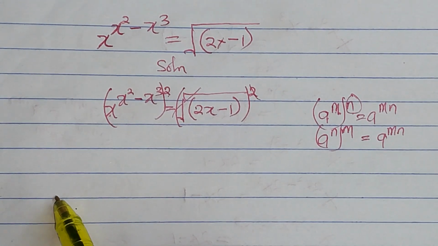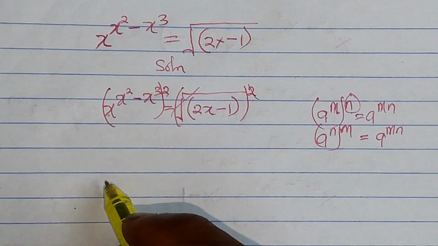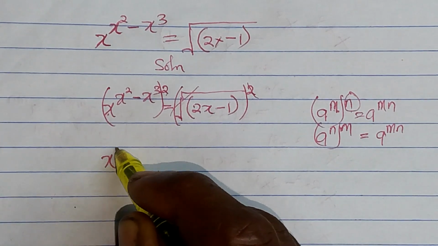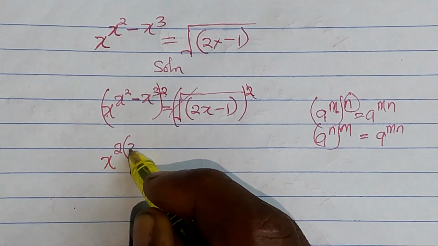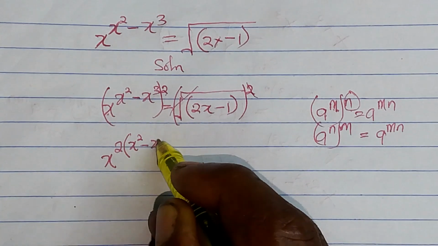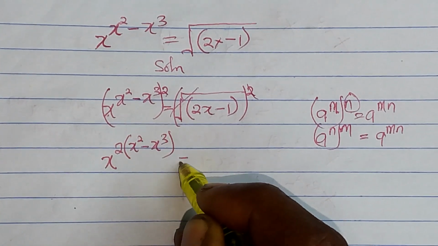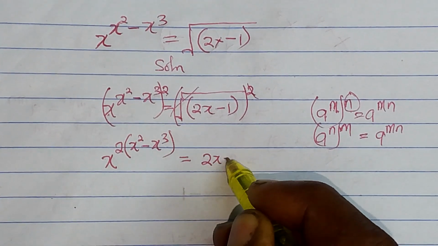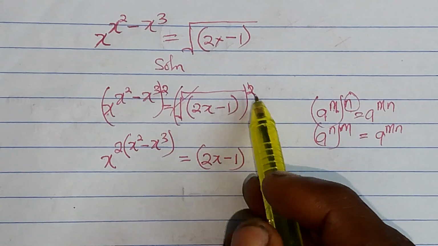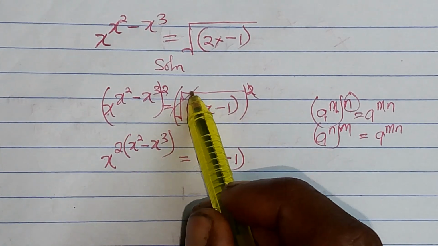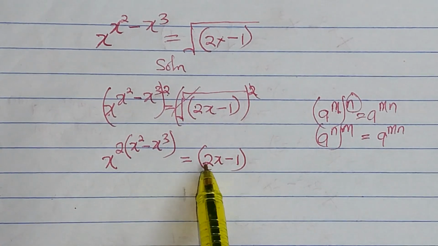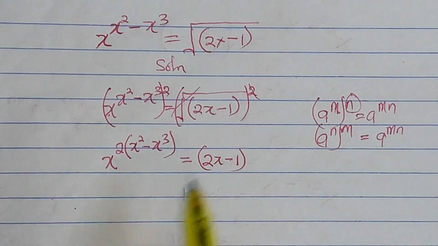Therefore, we can continue solving by saying that x to the power of 2 multiplying x squared minus x cubed equals 2x minus 1. Recall that the square has already taken away the root. Therefore, we are having 2x minus 1.